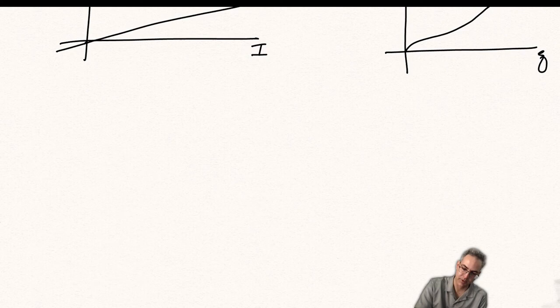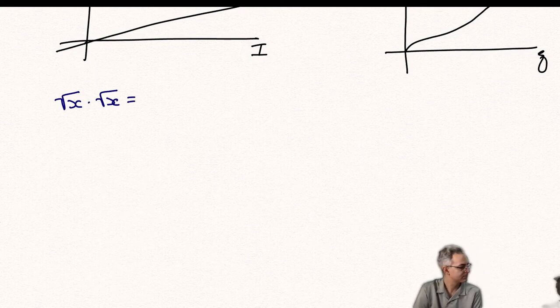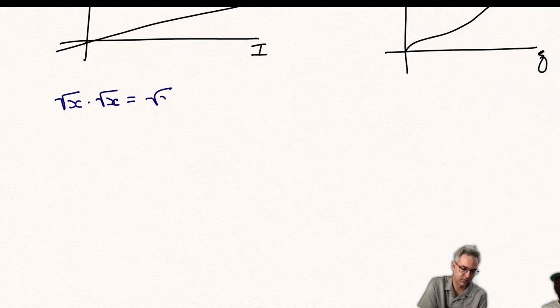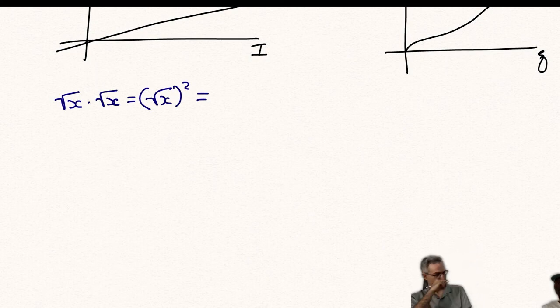So let's take a moment. This is important. If I take square root of x times square root of x, what do I get? Square root of x squared, which just looks like x.